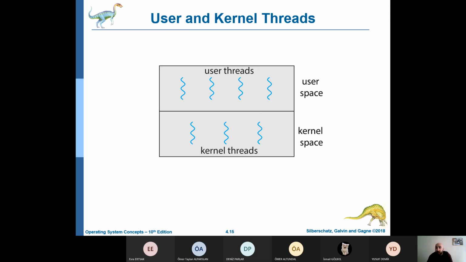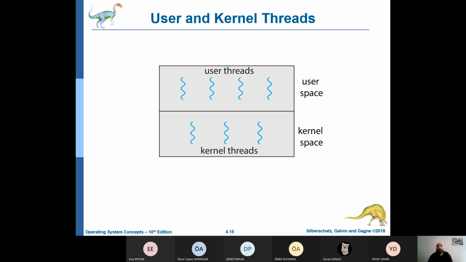In the end, a relationship must exist between user threads and kernel threads. So we assume that we have user space and kernel space. Operating systems have to provide mechanisms to application programmers to create threads because of the benefits of multithreaded programming.